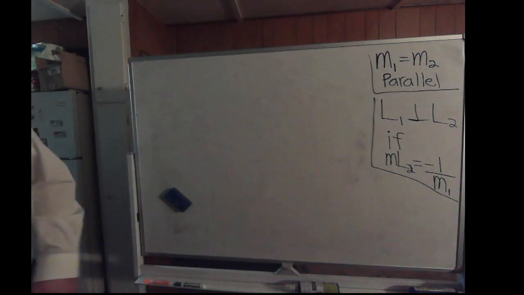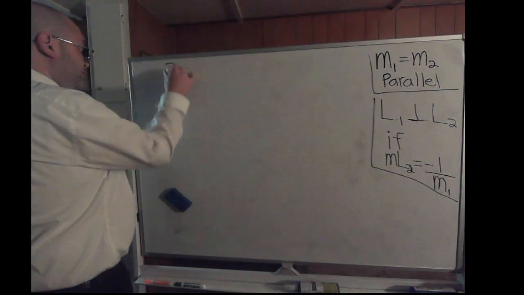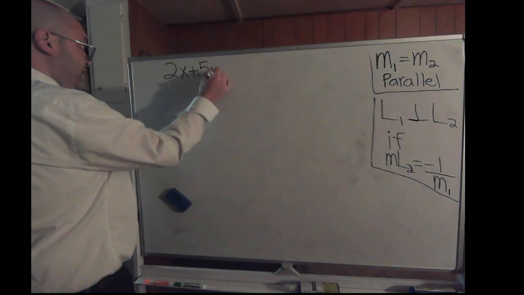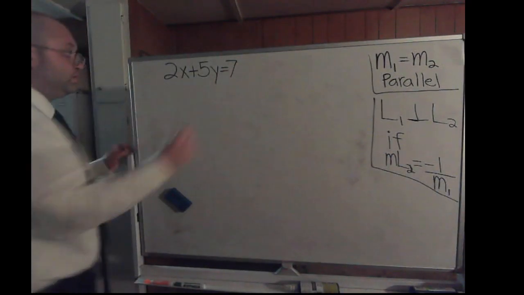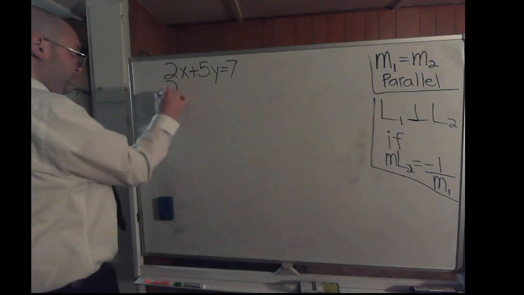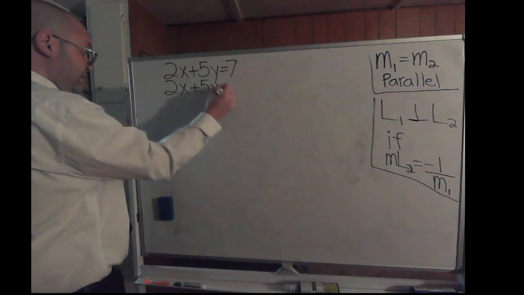Alright, what's the next one? We have 2x plus 5y equals 7. Then we have 2x plus 5y equals 9.